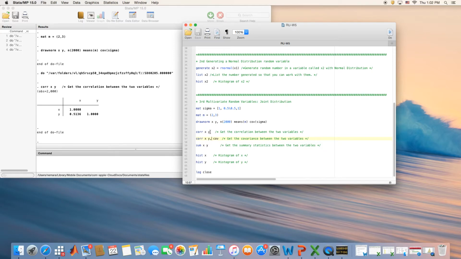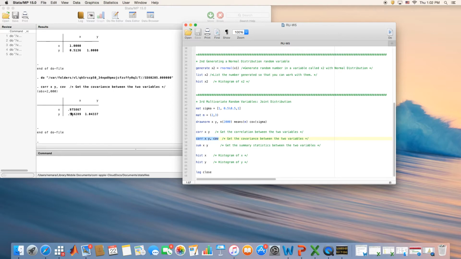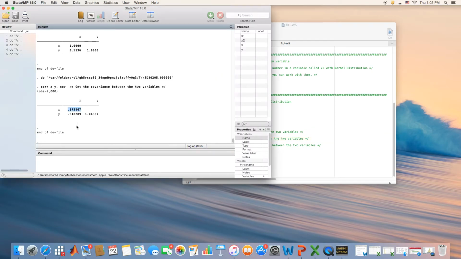The next thing is we want to compute the covariance. The covariance has exactly the same command, which is corr x y, but then comma cov, and this one would give you the covariance between x and y. And this one is telling us that the covariance of x and itself, which is the variance of x, is this number. And remember, when you take the square root of this number, you get the standard deviation of x.